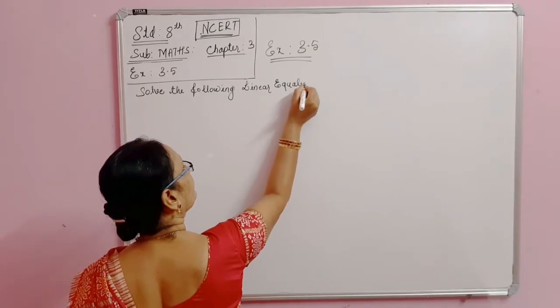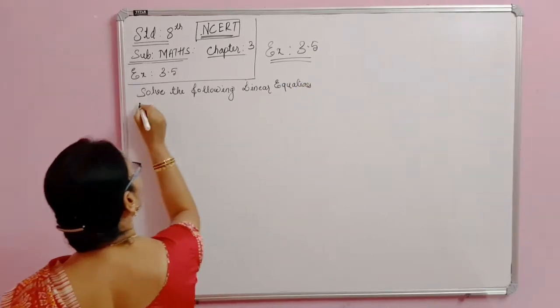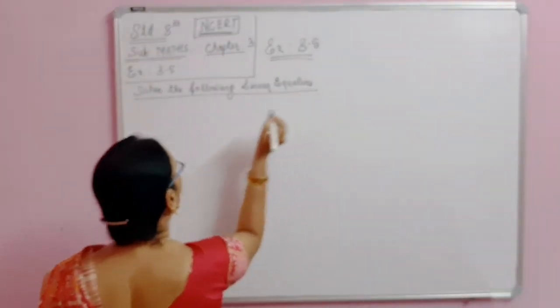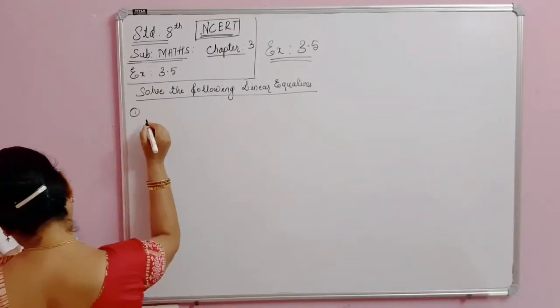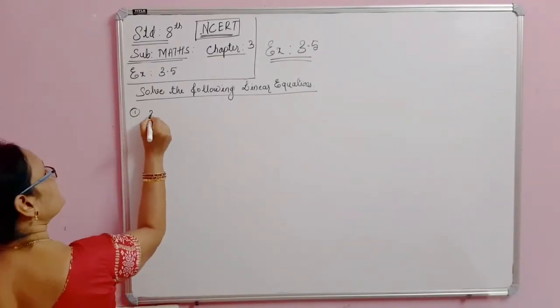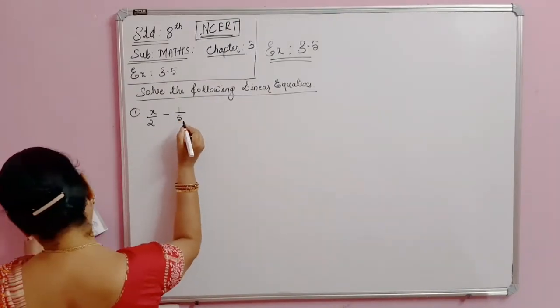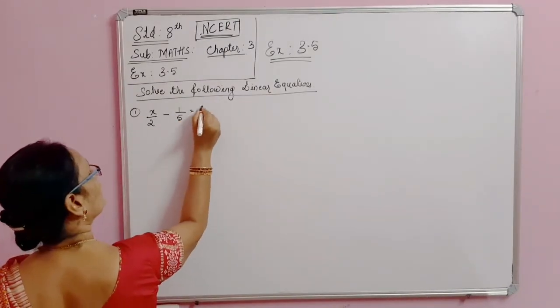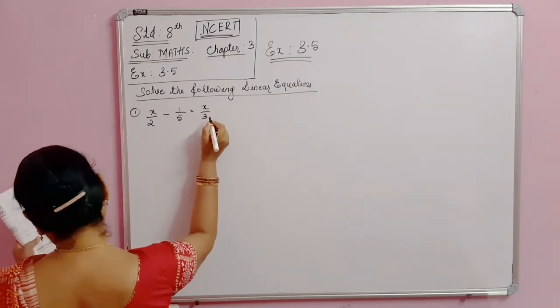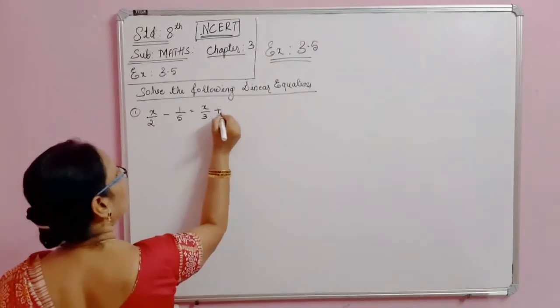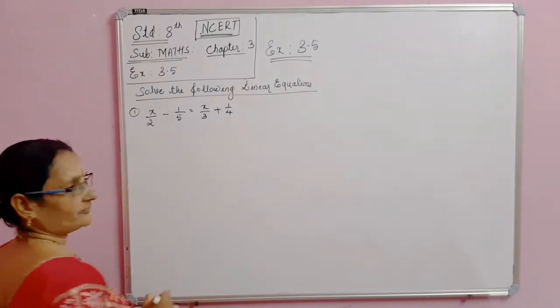Now the first one: x by 2 minus 1 by 5 is equal to x by 3 plus 1 by 4.